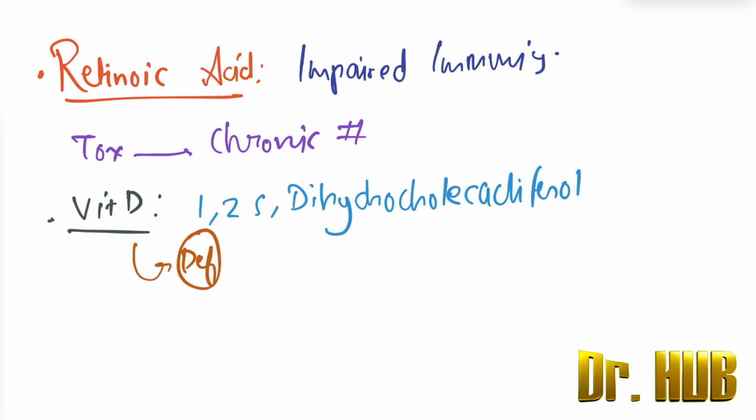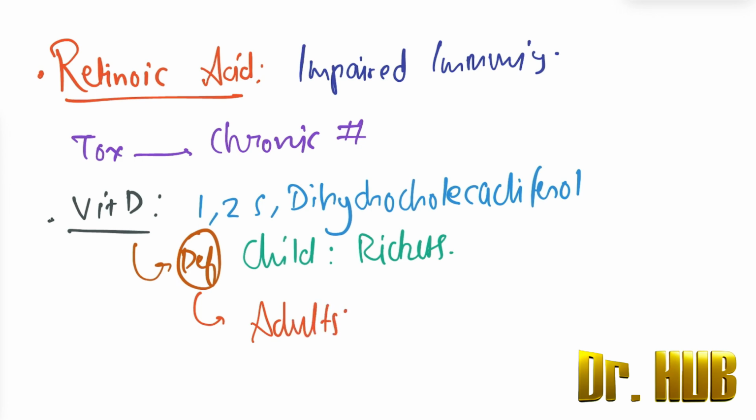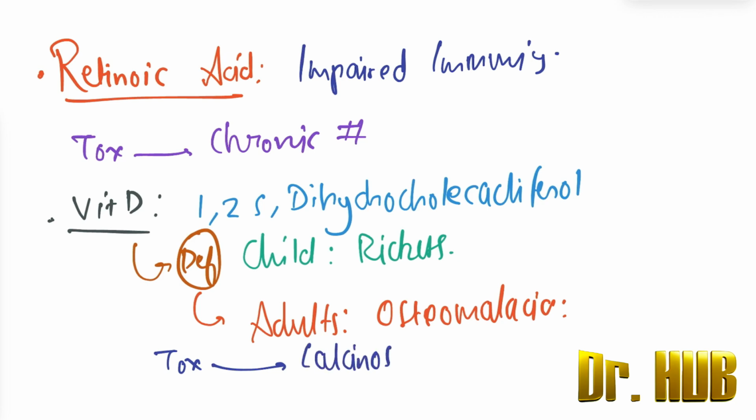In children, it is rickets. In case of adults, it will be osteomalacia. What is the toxicity going to lead to? Toxicity will be calcinosis.